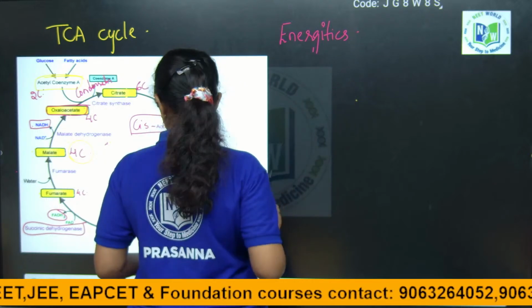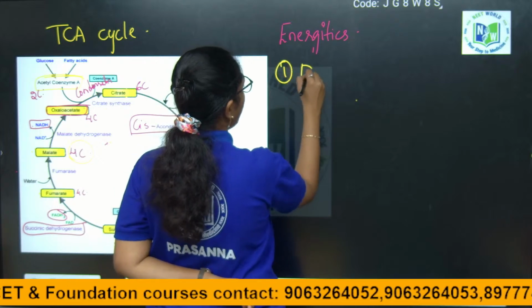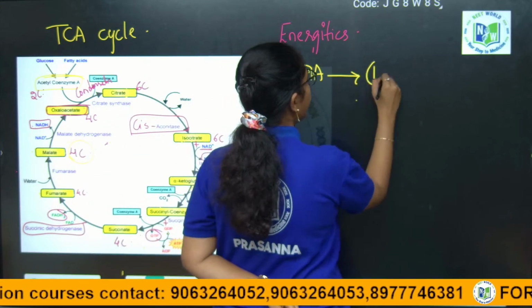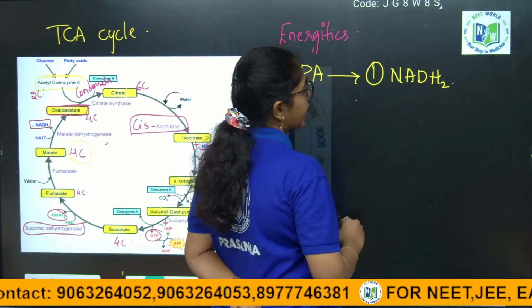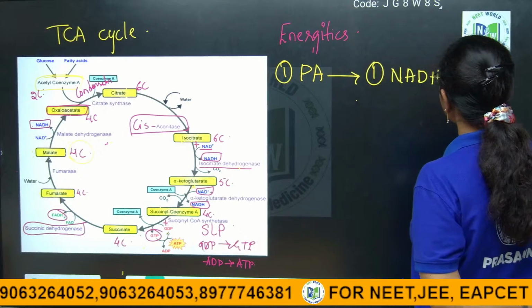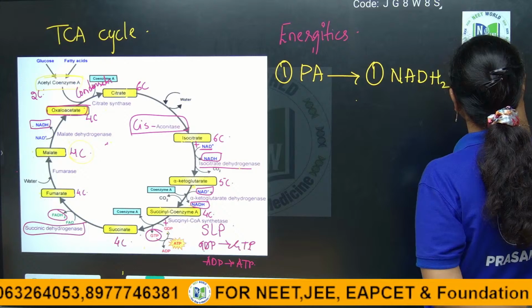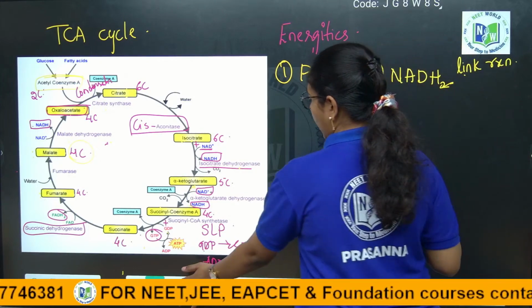One molecule of pyruvic acid will form one NADH at the end of the link reaction. During the link reaction, one NADH is formed.